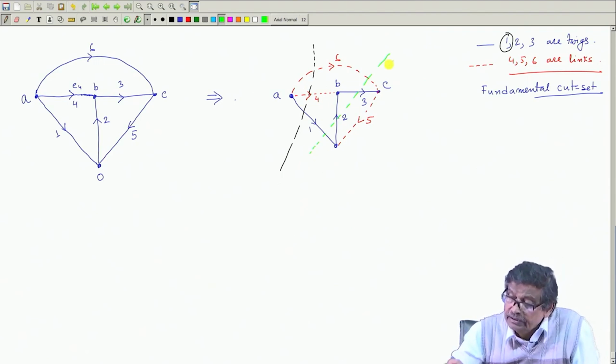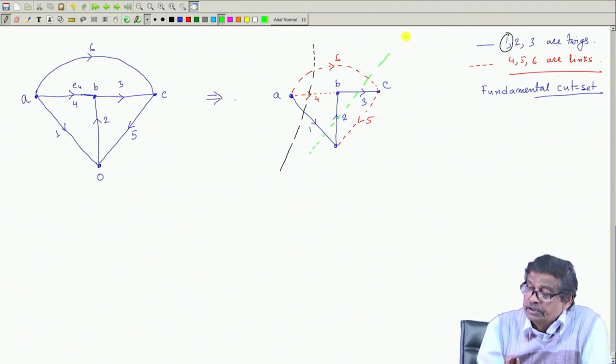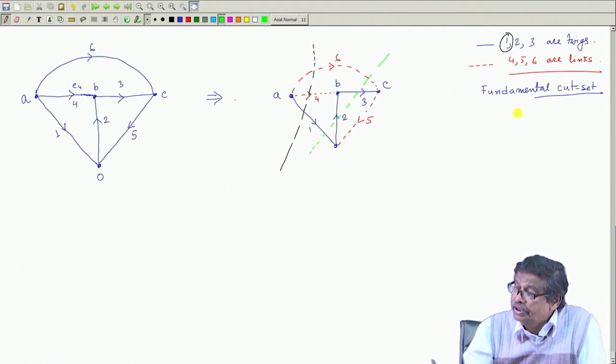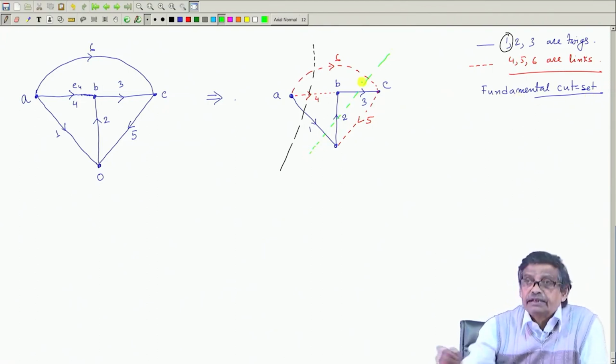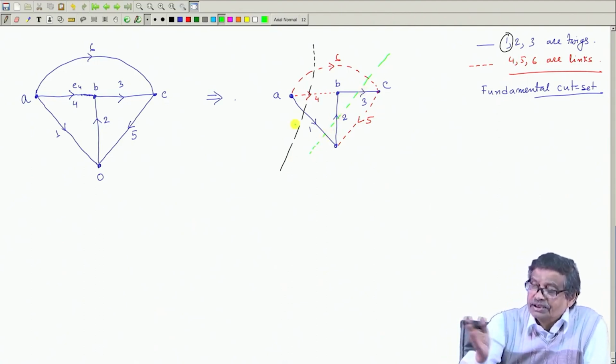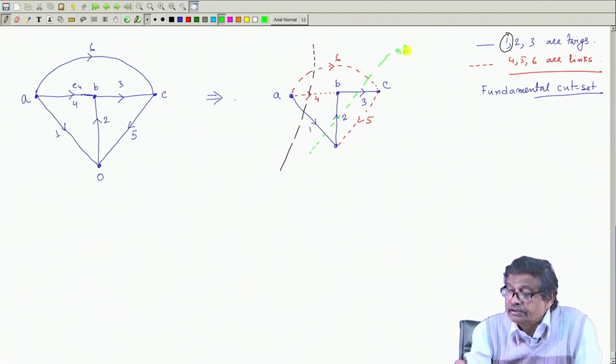Because although it divides the network into 2 halves, the condition of only one twig being present is not satisfied. All the 3 twigs are involved while considering this. So, this is not a fundamental cut set.